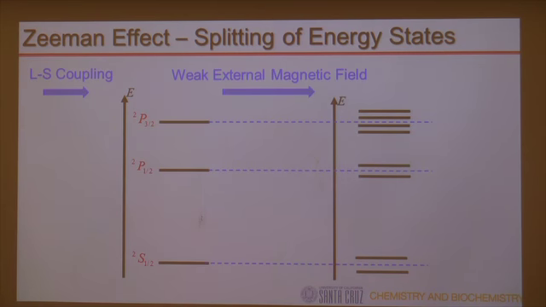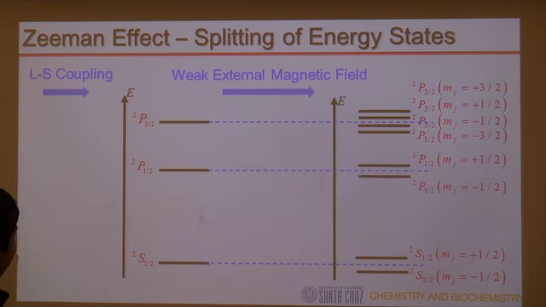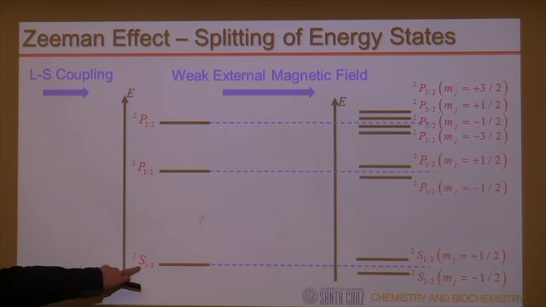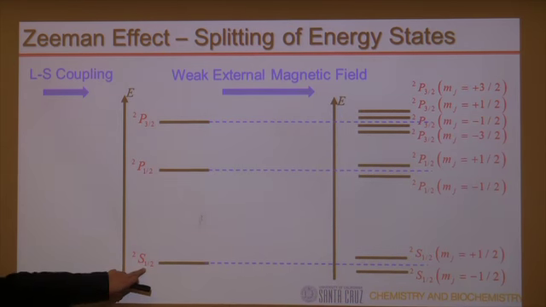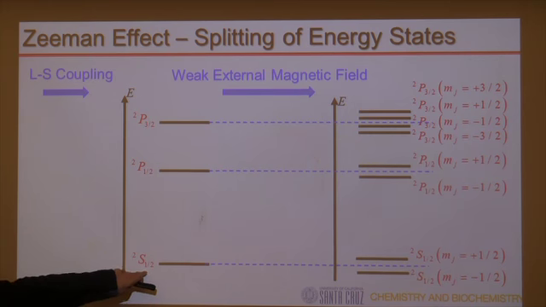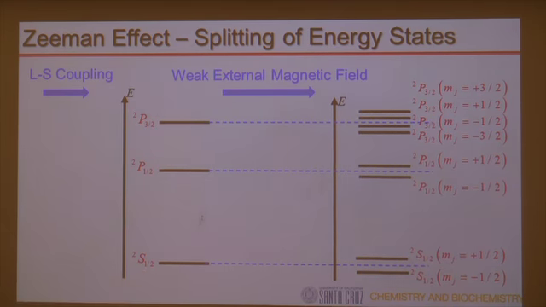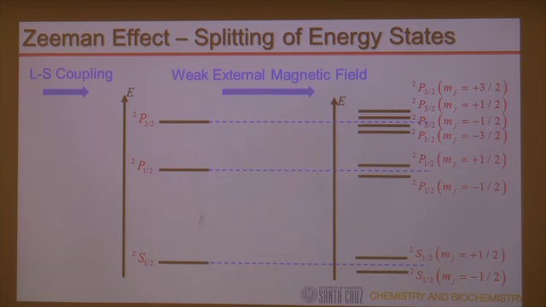So all those energy levels will split according to their MJ values. For example, for this term symbol, we know J equals 1/2, right? So what is the possible value for MJ? Better to say negative 1/2 to positive 1/2, right?